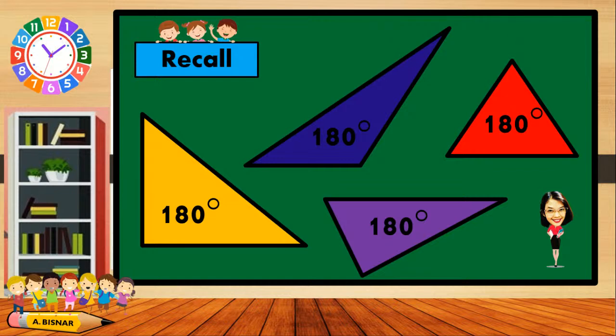Hindi lalagpas, hindi rin magkukulang. Eksaktong 180 degrees palagi. So this is the idea that we are looking for. This is the idea that we need to inculcate in our mind. Ibig sabihin, ito yung palagi nating nasa isip dapat when we are talking about angles of a triangle.